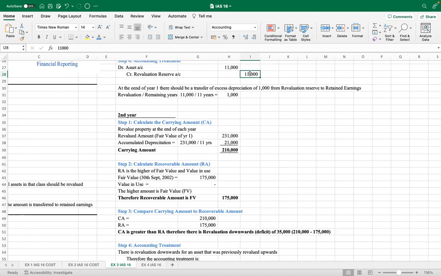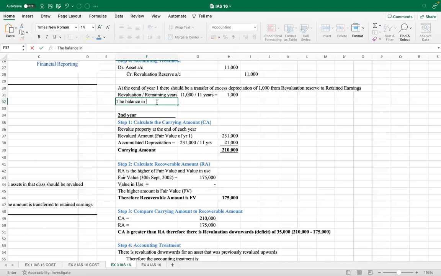If the revaluation reserve was 11,000 and then we removed 1,000 from revaluation reserve, how much are we remaining with? The balance, I want an answer in the chat.